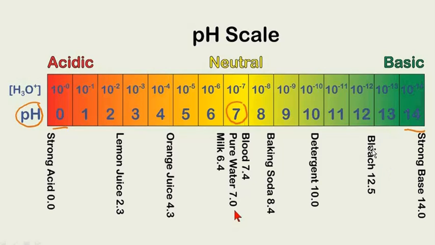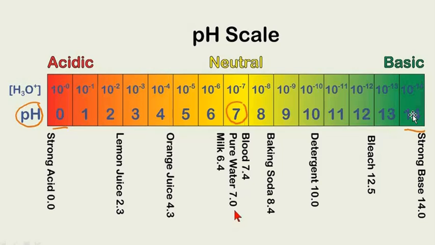Bleach, you must have heard, is used to whiten your clothes. With time they become yellowish. So if you want to make them more white, you need to bleach them. That has a strongly alkaline pH, basic pH, that is 12.5. And NaOH and all other bases, KOH, they have 13 to 14 pH.